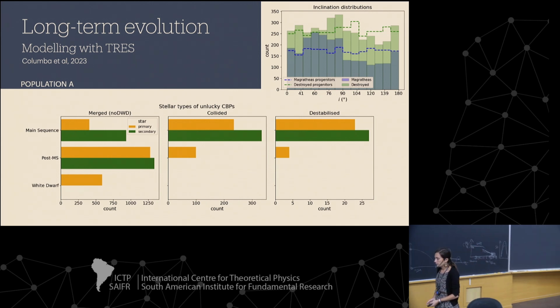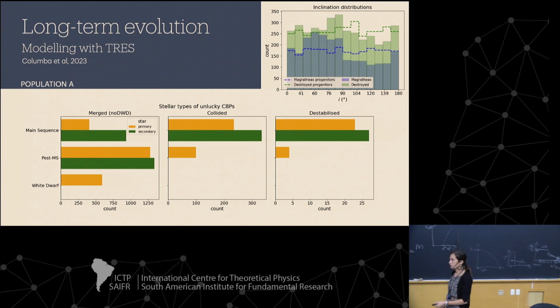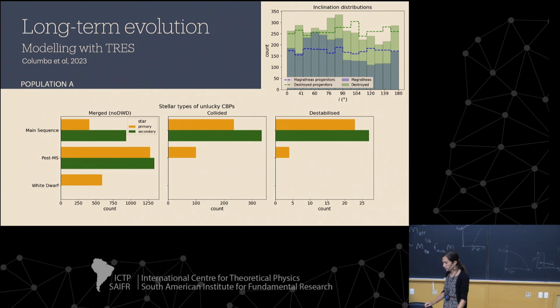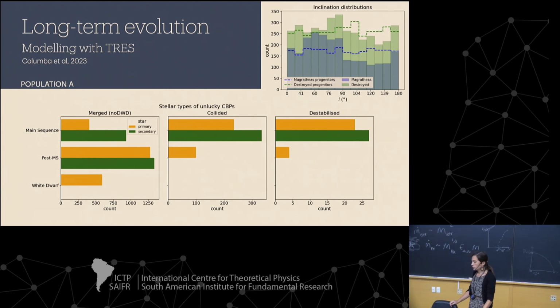No, I said that observational evidence is finding that all of the circumbinary planets have the same orbit, as they are coplanar with the binary. But I'm saying that is an effect of observational bias, because you detect them through transit, and automatically, if they are coplanar, it's easier to find them.